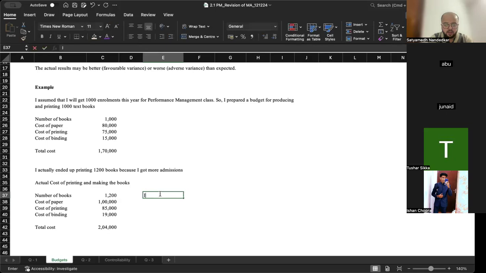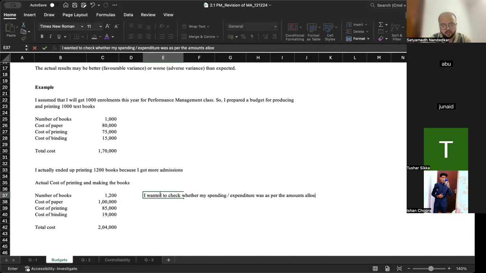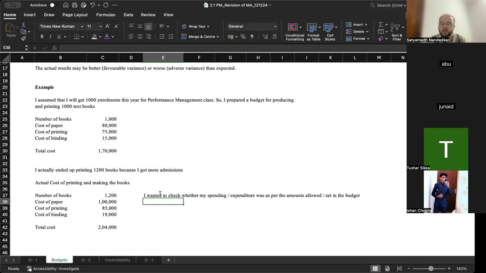So I wanted to check whether my spending slash expenditure was as per the amounts allowed slash set in the budget. Okay. I wanted to check whether my spending was in line.